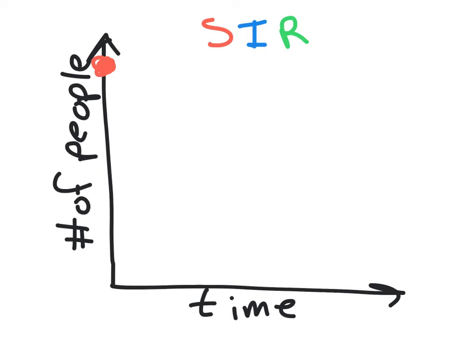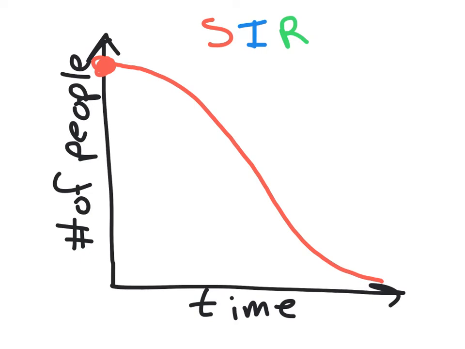N on the bottom there, the population, is going to be positive, of course. So overall here we have a negative derivative though, and it's always going to be negative. So the slope of our susceptible curve is always going to be negative. And generally, we start out with just a slight negative, and then it's going to go down and get steeper as more and more people become infected.